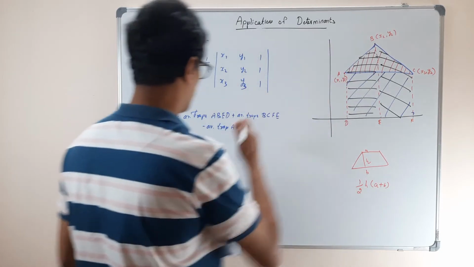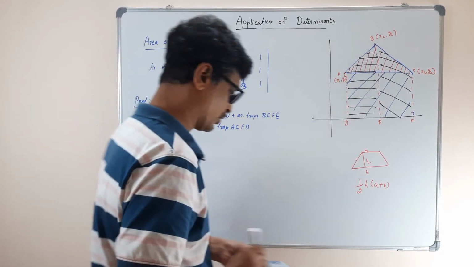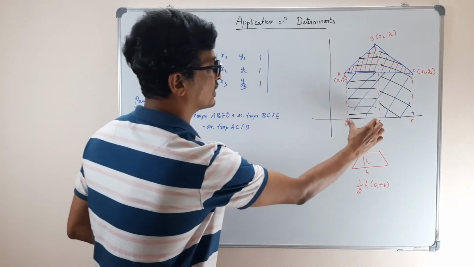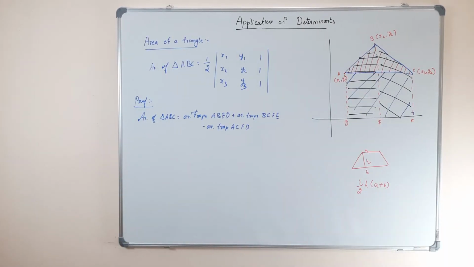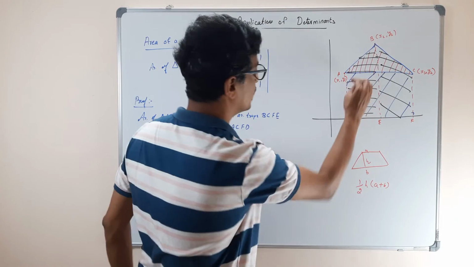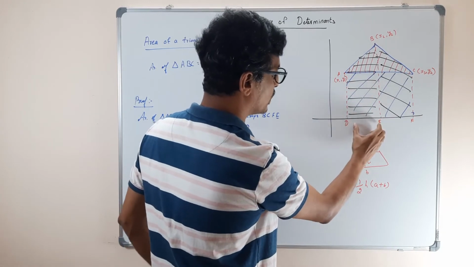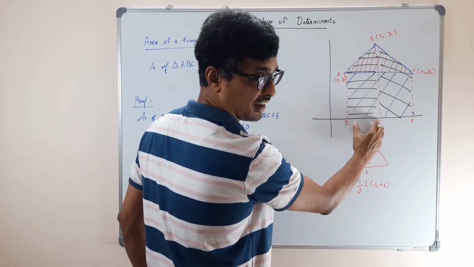Now you tell me the area of these trapeziums. You know the height also, that is this distance. This is x1 and this is x2, so this distance is x2 minus x1. Am I right?